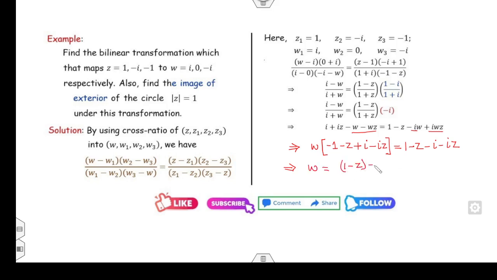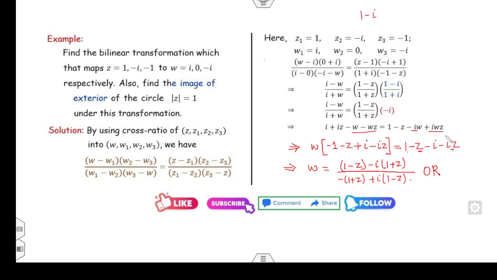This is the real component. Minus iota common, 1 plus z, divided by minus of 1 plus z. Fine. I can take iota as common or 1 minus z. Or otherwise, I can take it as 1 minus iota.